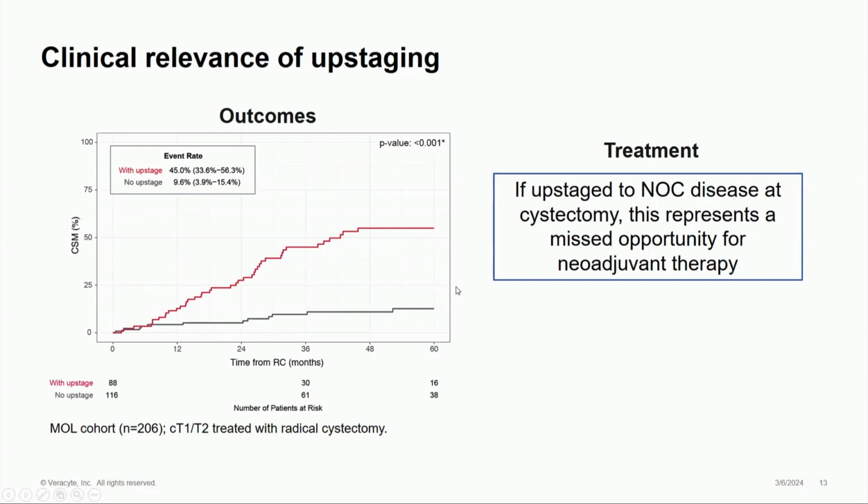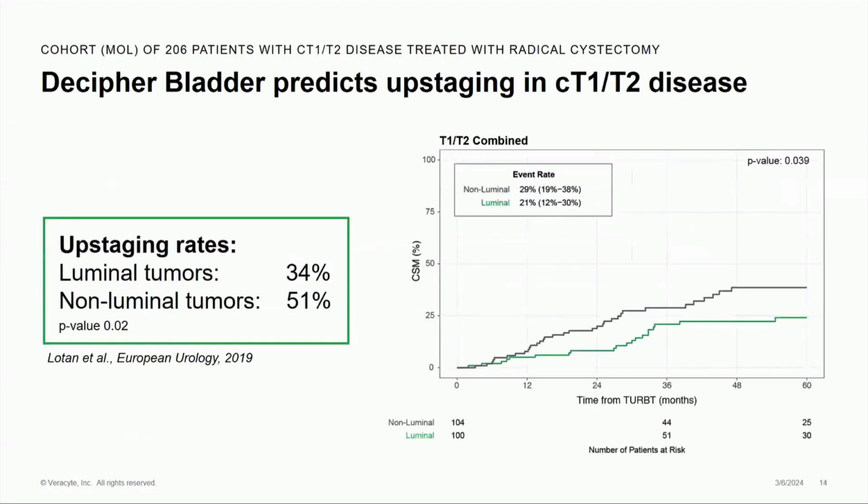Part of the reason this matters is because if we were to see upstaged non-organ confined disease, and we could determine this at TURBT, so right at diagnosis, then you could intervene with neoadjuvant chemotherapy. So instead of taking them right to surgery, you could give them an opportunity to get treated a little bit more aggressively. So what we did here is we actually asked, of course, yeah.